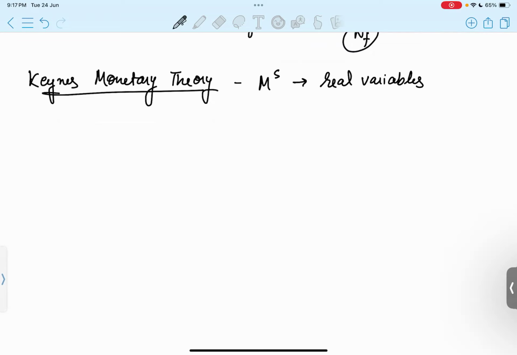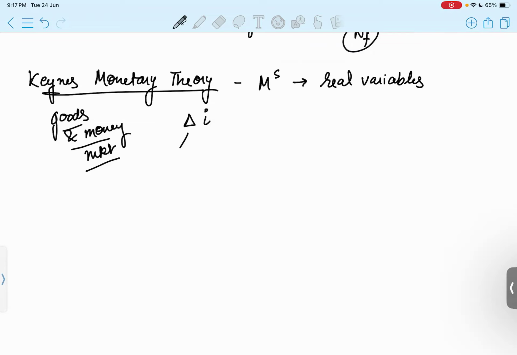We have already discussed in detail the integration of the goods and the money market under the ISLM model. So with these two markets, we have seen that changes in the interest rate, which are caused by either changes in money supply or changes in the money demand, will directly impact the level of investment in the economy. And if the investment changes, it will directly impact the aggregate demand.